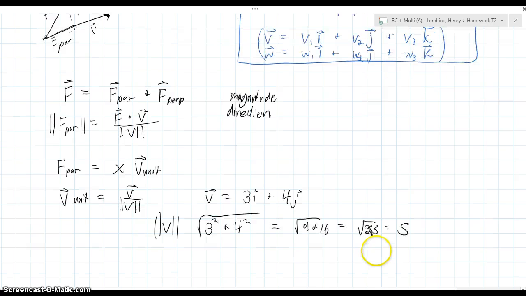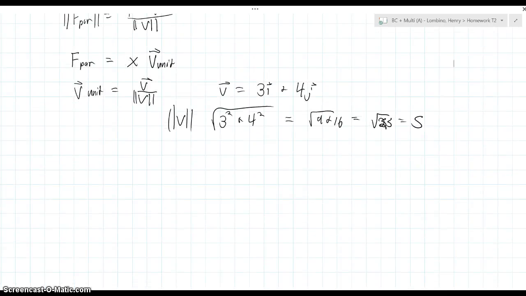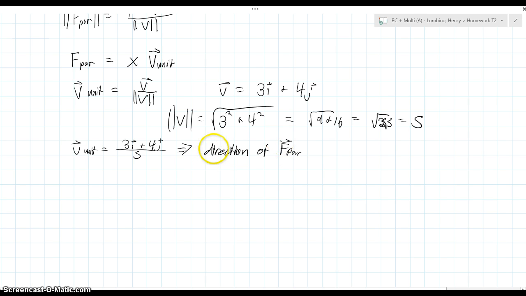So our v unit vector is going to equal 3i plus 4j, all over 5. And so we just found the unit vector. That is the direction of our f parallel.